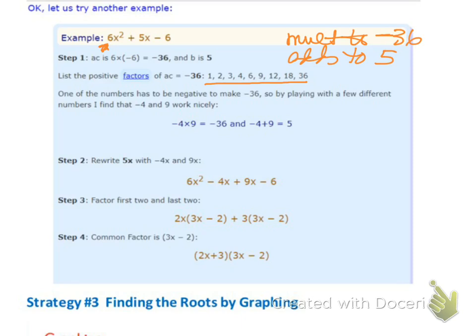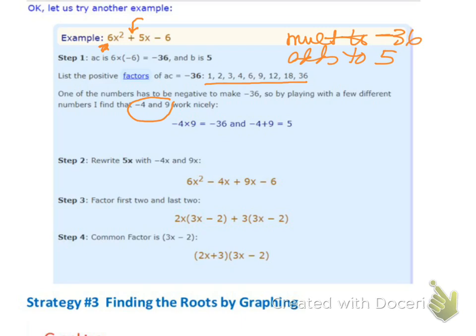We want to figure out which ones will add to a 5. Now the signs will be different, right? Because in order to get a negative answer, you're going to have a positive times a negative. That's the only way to get a negative. So, and then looking at your middle term, I see that the bigger number has to be positive. So I agree that 9 and -4 work nicely.